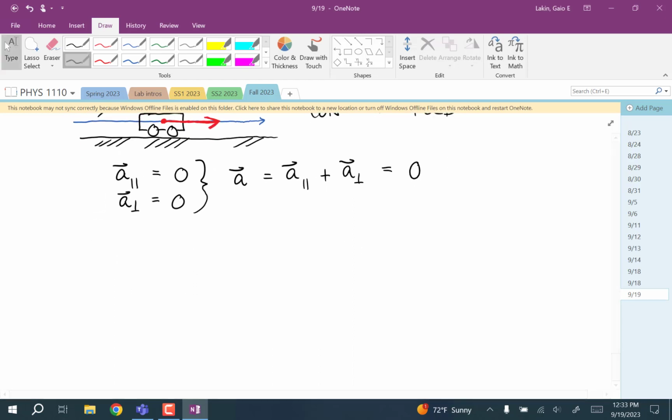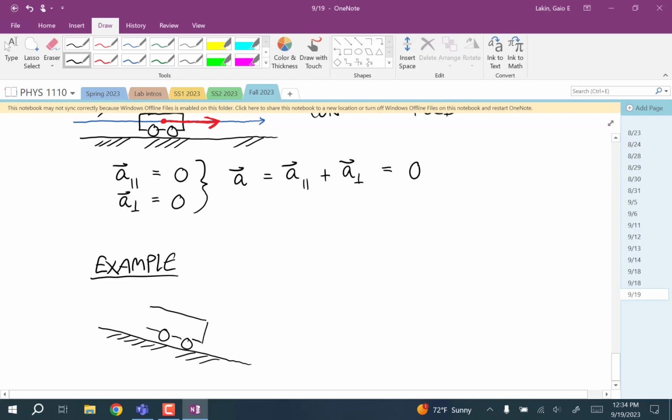Okay, so now let's think about one that's moving in a straight line, but the speed is changing. So let's say that this is moving down the ramp and speeding up.